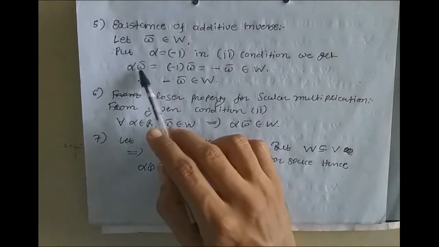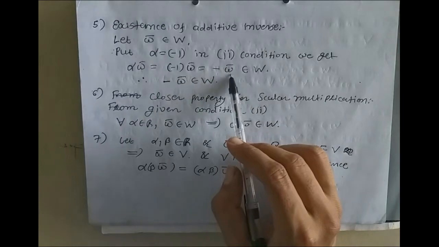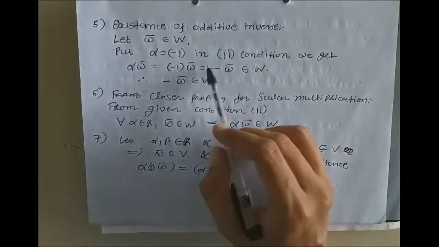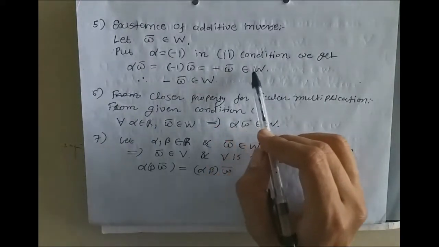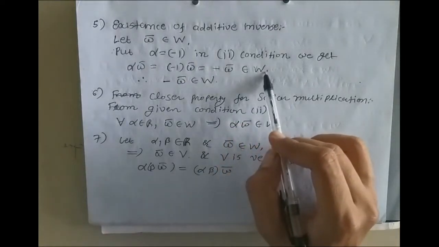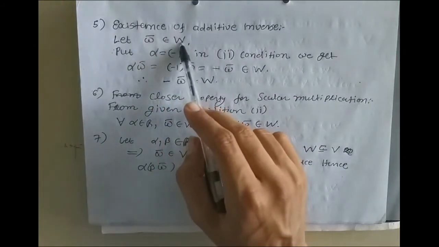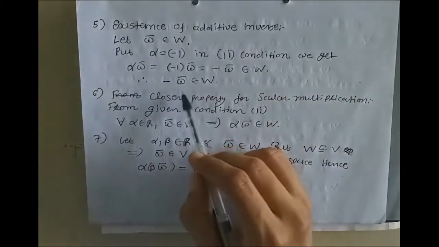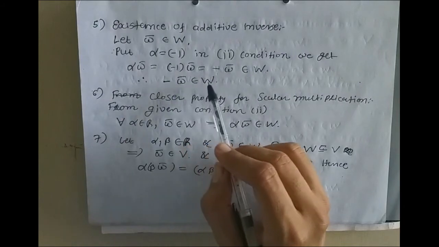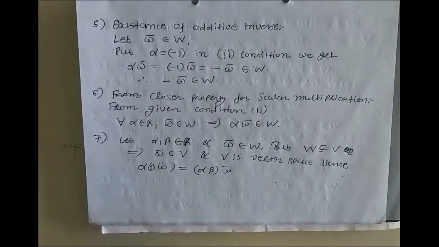So we get alpha dot W bar equal to minus 1 times W bar, equal to minus of W bar, which belongs to W. So this minus of W bar, the additive inverse, also belongs to W. So for every vector W bar belonging to W, we get the additive inverse minus of W bar also belonging to W. So the fifth property is also satisfied.